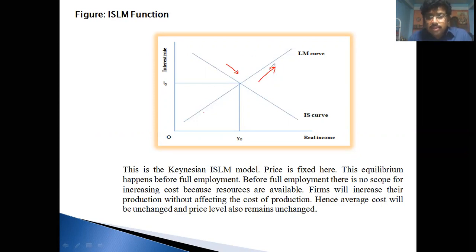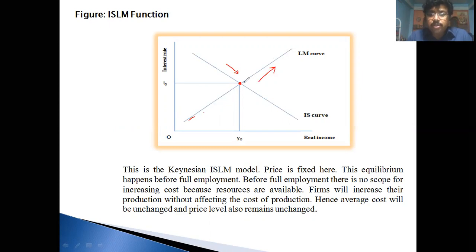So in this diagram, we have the money market as well as the goods market. This point is nothing but the intersection point between the goods market and money market. Along all these points, we have equilibrium in the goods market. Along all these points, we have equilibrium in the money market.